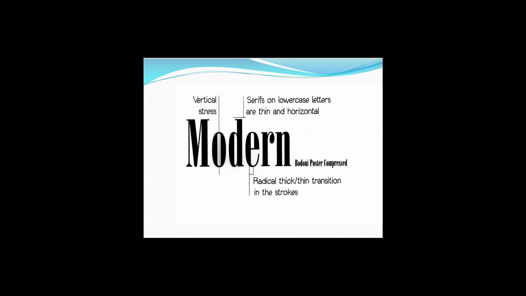The next category we're going to talk about is modern. Looks a lot different than old style. You'd never get it confused with an old style. It has vertical stress, thin horizontal serifs, and the thing that really makes it recognizable is the radical thick-thin transition.